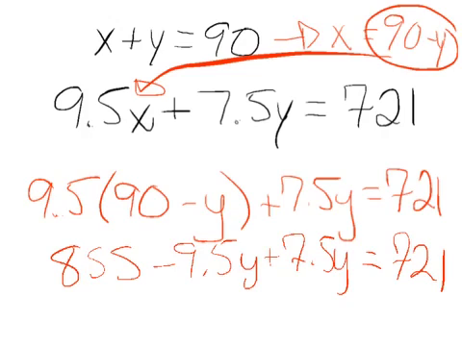Combine like terms, subtract, I get negative 2Y equals negative 134. And if I divide negative 134 by negative 2, Y equals 67.